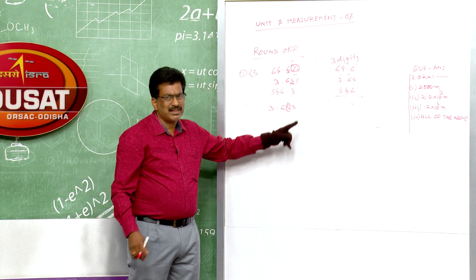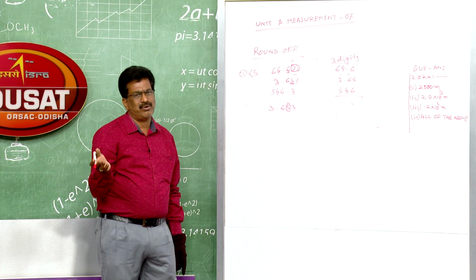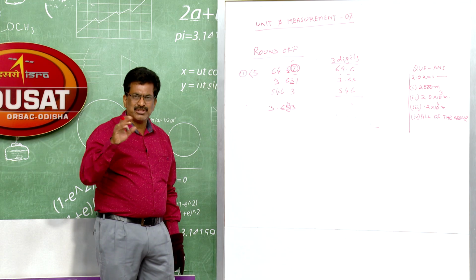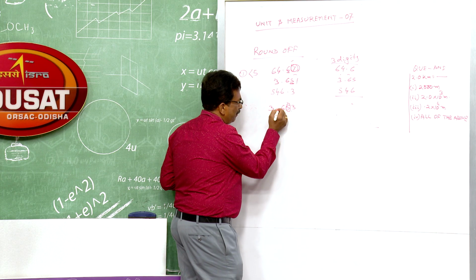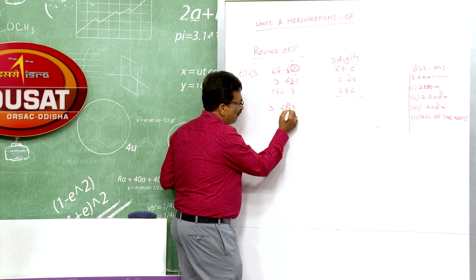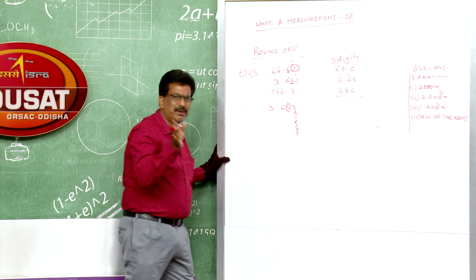After that, which numbers does it have? If it has non-zero numbers or it has 0 numbers, then two questions will arise. 3.653 means after 5, either 3 or 2, 1, 6, 7, 8, 9 like digits will be present.